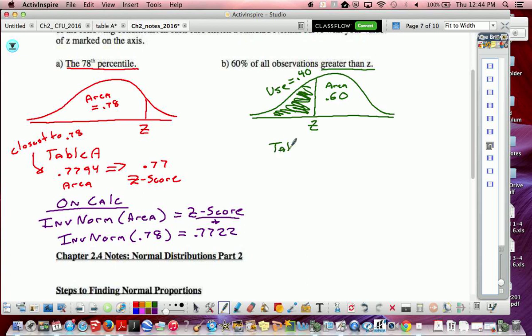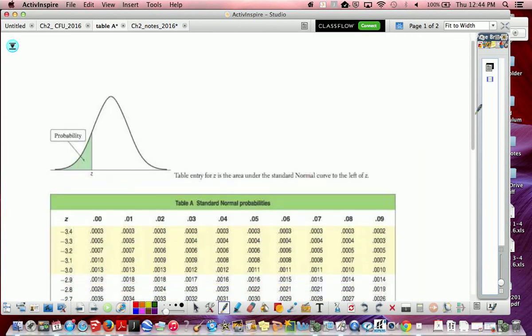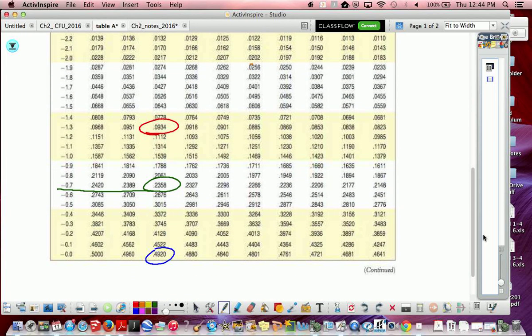So I'm going to show you both. Table A. So again, if I'm looking at table A, since it's less than the mean, I'm going to use this one, or the negative.